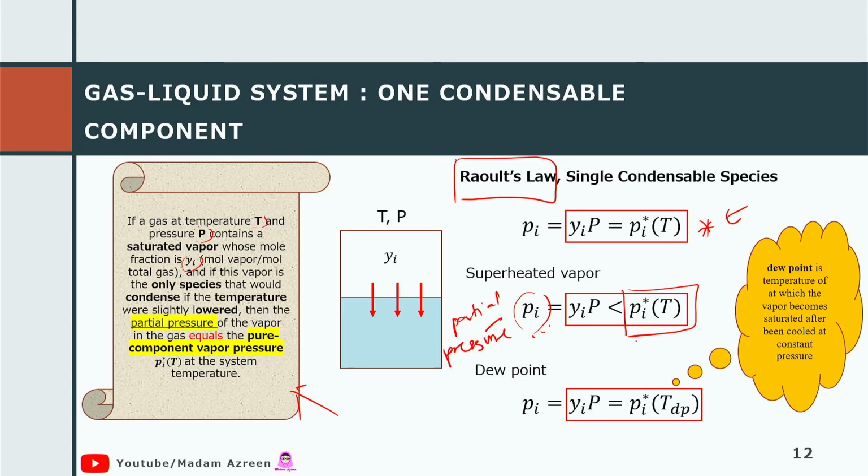Complicated, right? So it is called superheated vapor, and the dew point is the temperature at which the vapor starts to become saturated. Later on I will show you the drawing to explain how the dew point and everything works, because it's difficult for me to explain and it's something you cannot easily imagine.